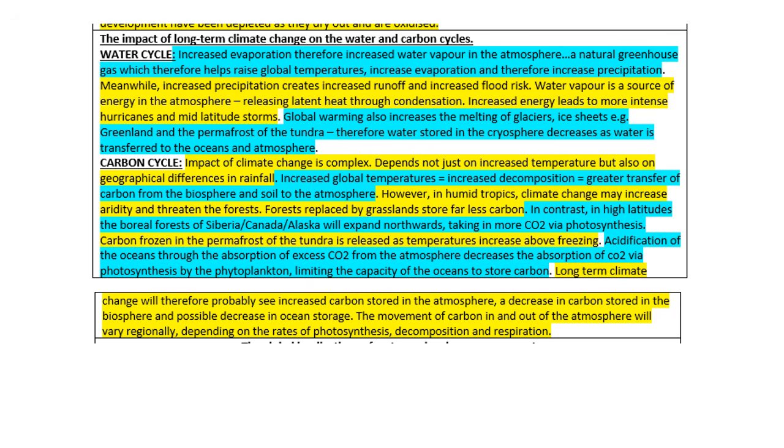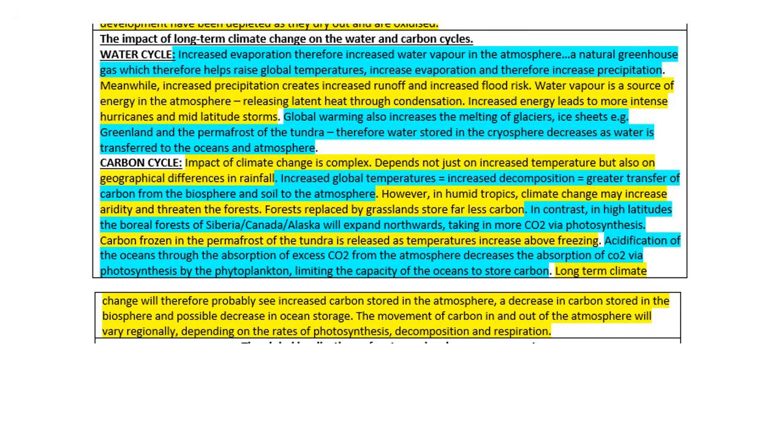If the forests get replaced by grassland, then there's far less carbon stored. In contrast, in the high latitudes, like the boreal forests of Siberia and Canada and Alaska, they will actually expand. There will be more trees able to grow in the warmer temperatures, and those extra trees will take in more CO2 via photosynthesis.